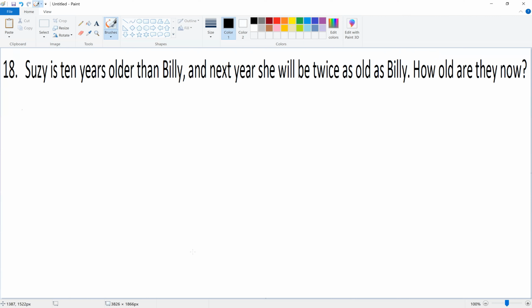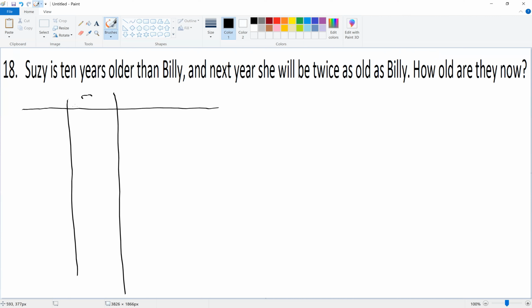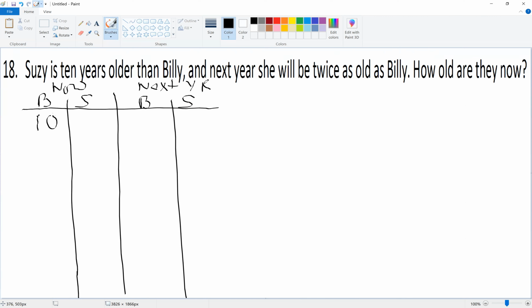Susie is 10 years older than Billy, and next year she'll be twice as old as Billy. How old are they now? So let's say right now Billy was 1. Susie would be 11. So it will be 1 and 11.